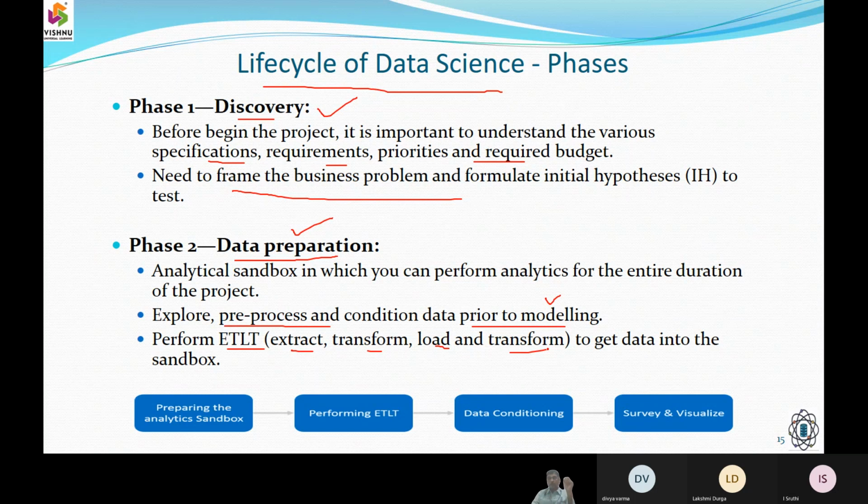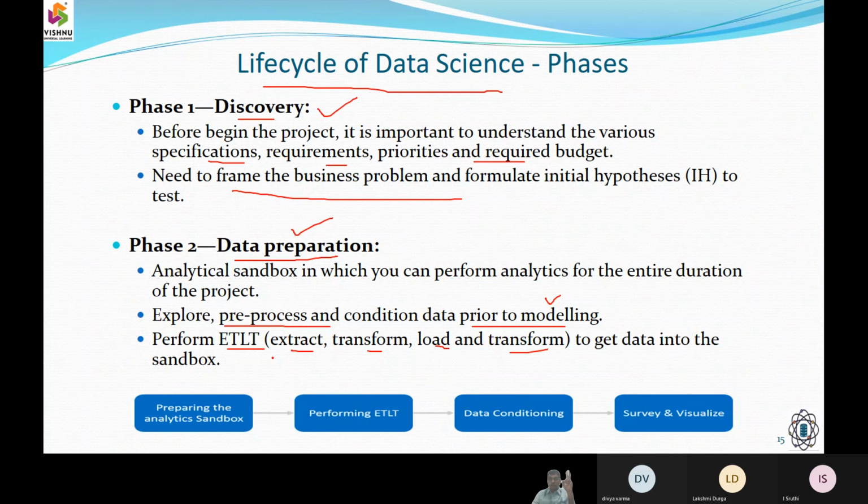When we study data mining, we call it only the ETL process. But now in data science, that ETL process has been renamed. Here we are going to call it ETLT.